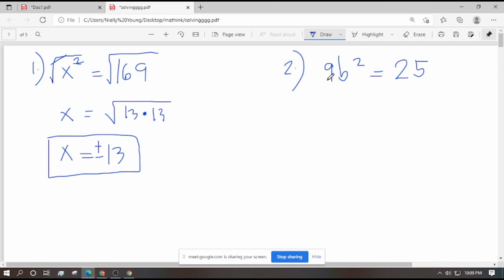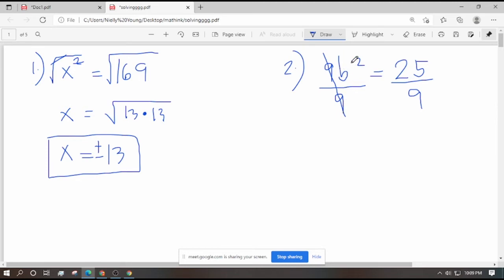9. Okay, so divide it by 9. When you divide by 9 here, you also divide by 9 on the right side. Since we know 9 divided by 9 is 1, it will cancel, becoming 1.